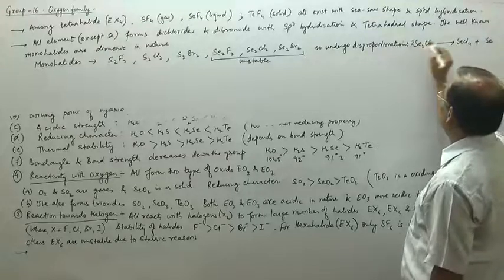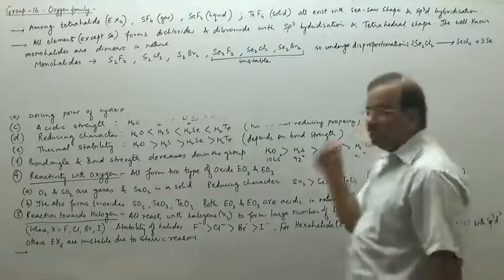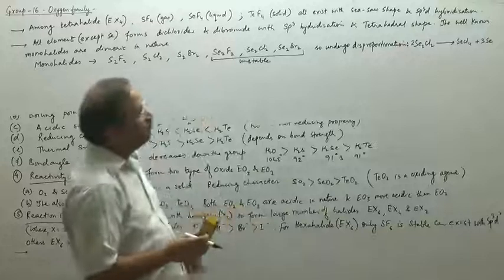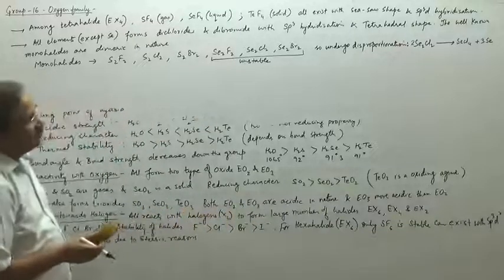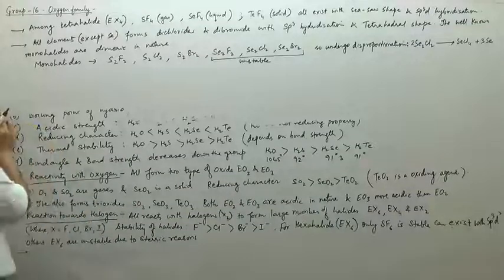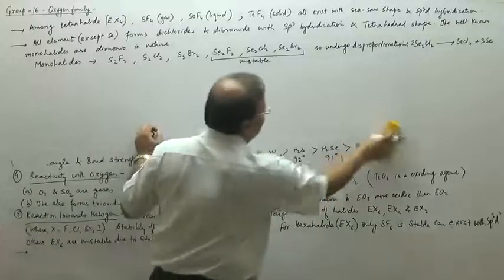So you can write that the disproportionation reaction is like this. So the monohalides and the dihalides get disproportionated like this.